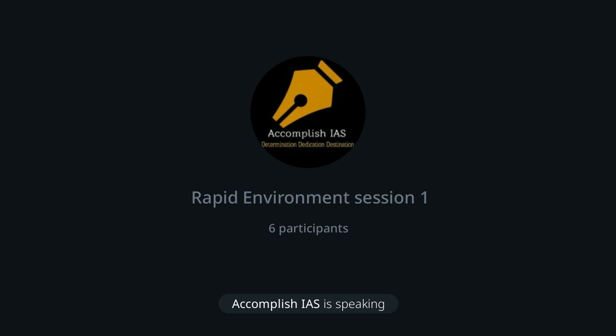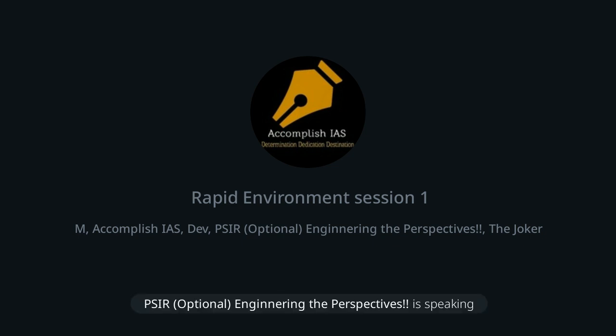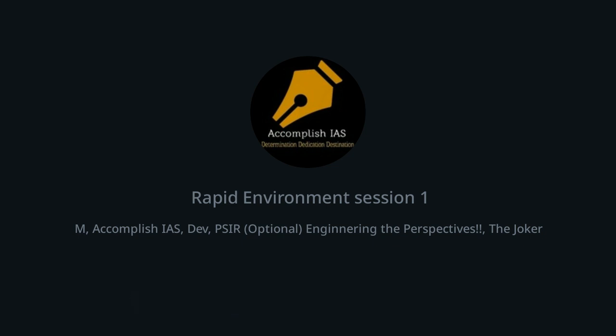The question is which of the following will add nitrogen to the soil? First is excretion of urea, second is burning of coal, and third is death of vegetation. So which among them will add nitrogen to the soil? Last one, death of vegetation, I guess.